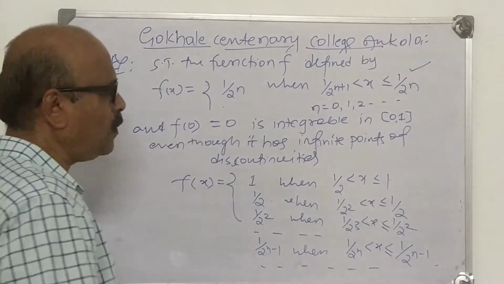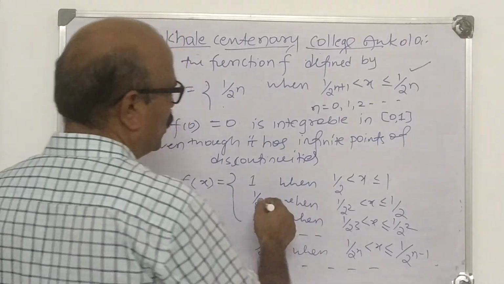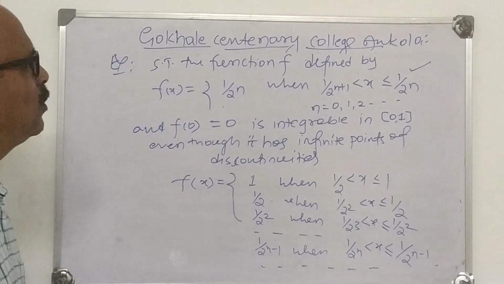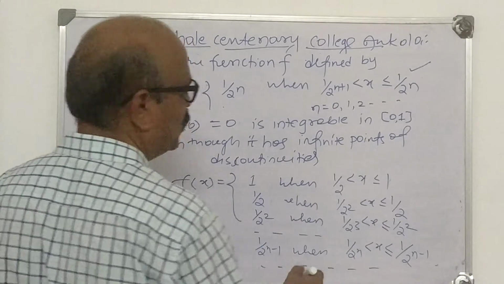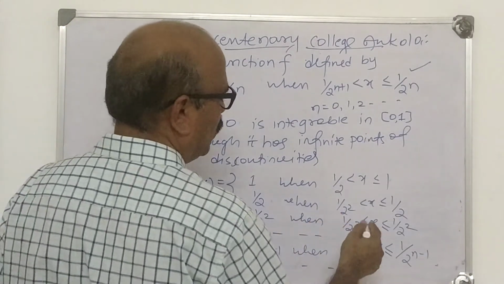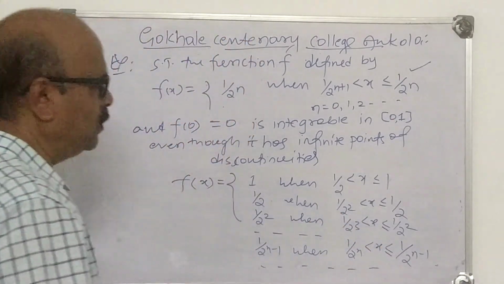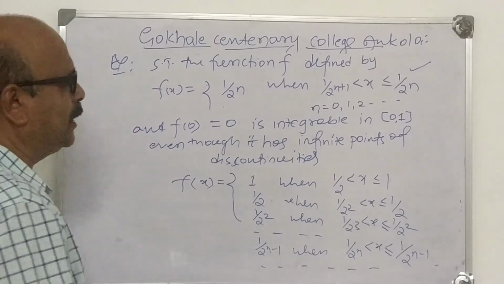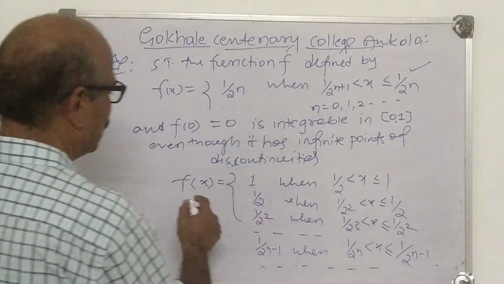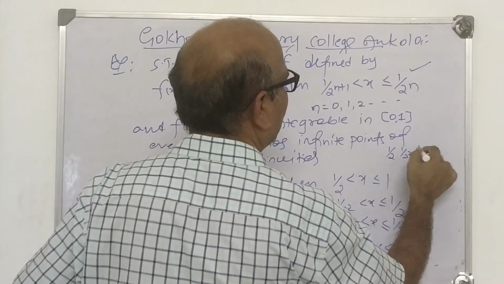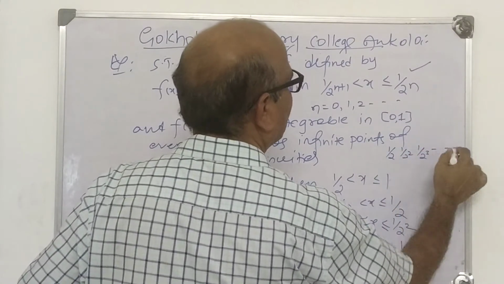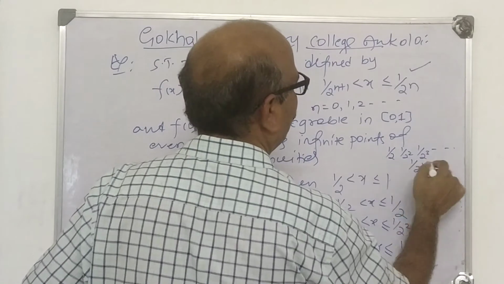Now, the function has an infinite number of discontinuities here. What are the discontinuities? 1/2, 1/2 square, 1/2 cube, and so on, 1/2 raised to n, and so on.